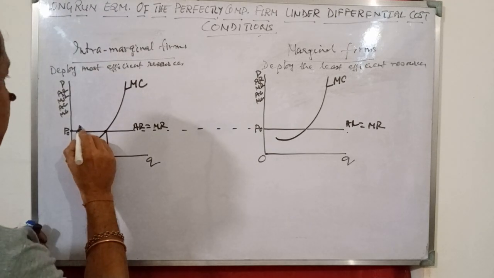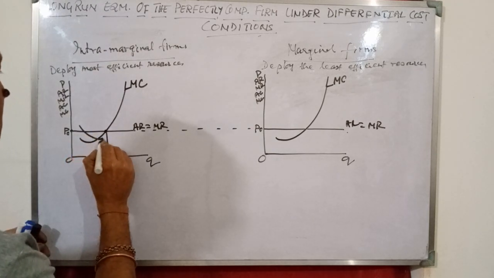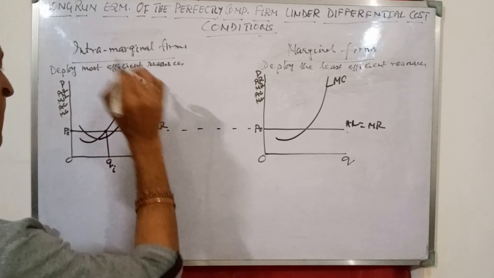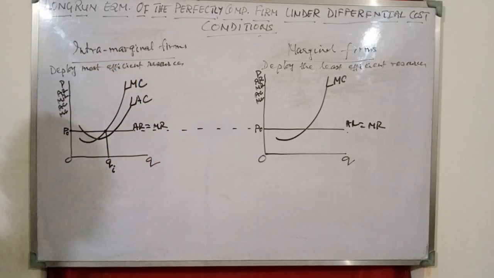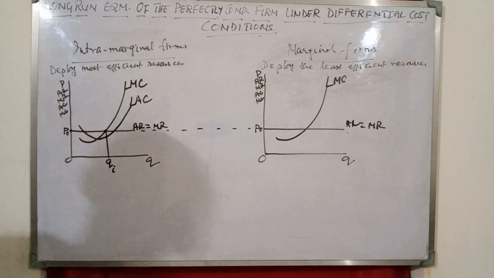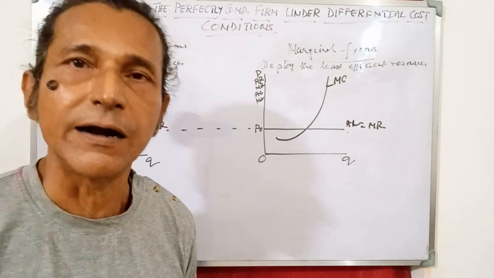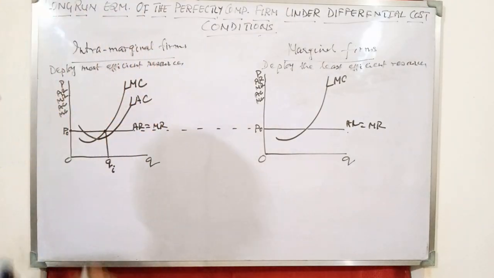And let this be the average cost curve, that is long run average cost curve of the intra-marginal firms. You can see that the average revenue curve lies above the average cost curve, hence the intra-marginal firms are earning supernormal profit.